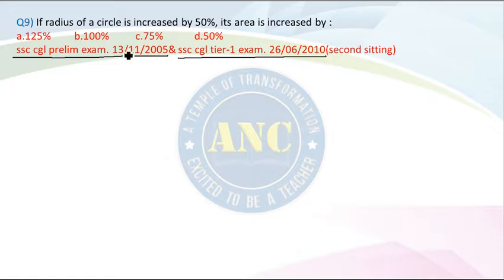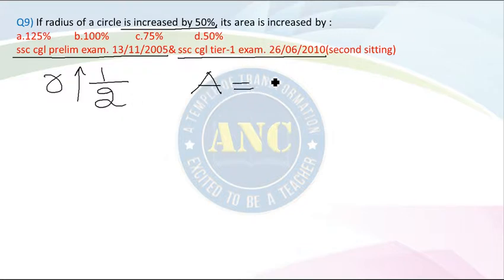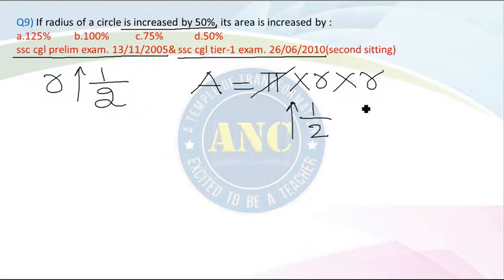If the radius of circle is increased by 50%, radius increases by 50%, 50% is 1 by 2. Area of circle is increased by what percent? Area of circle is pi r square. Pi is a constant quantity, ignore it. R is increased by 1 by 2. This r is also increased by 1 by 2.